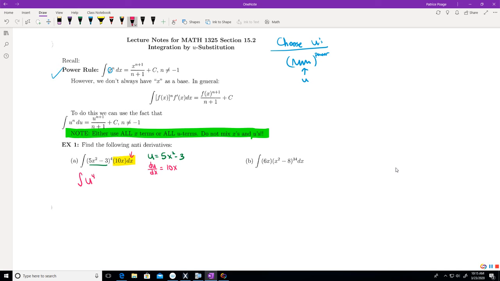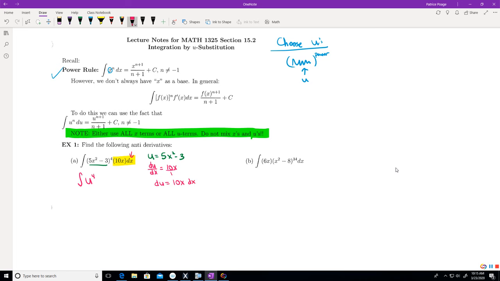If this is over 1, I can cross multiply, and I have du times 1 equals 10x dx.